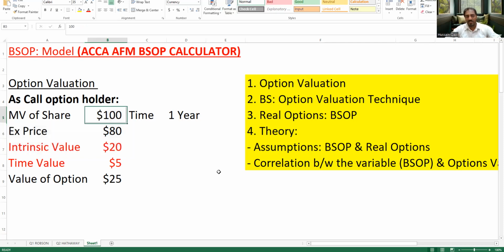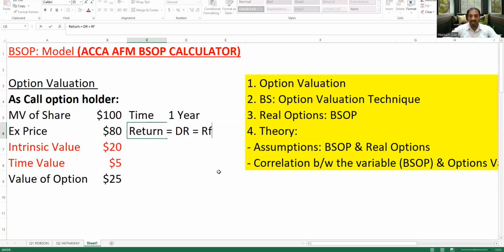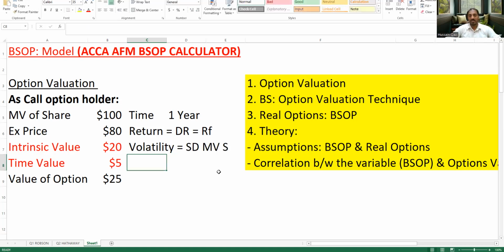Intrinsic means immediate. But time value actually has three things. Number one, time. Number two, return, assuming a discount rate with risk-free. And finally, the volatility. That is called the standard deviation of the market value of shares.